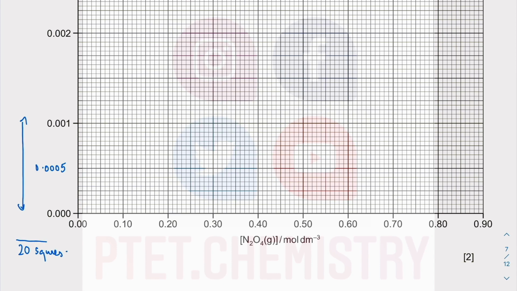And I have, how many values do I have? 0.001 to 0.000. That is how much division I have for the value. And I have 20 of these squares. So each square on the y-axis is actually 0.00005 per square. This is the value per square on the y-axis, just in case I need it later on.